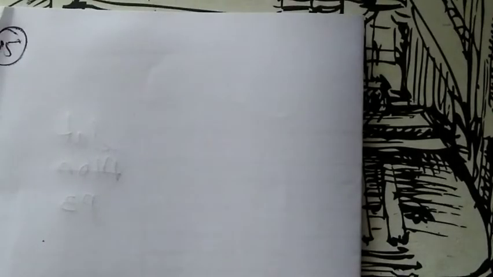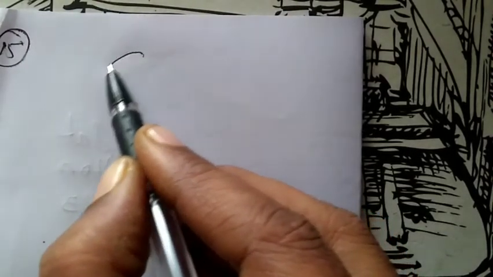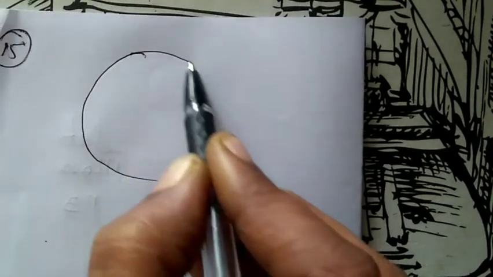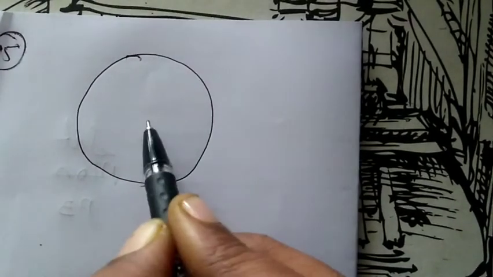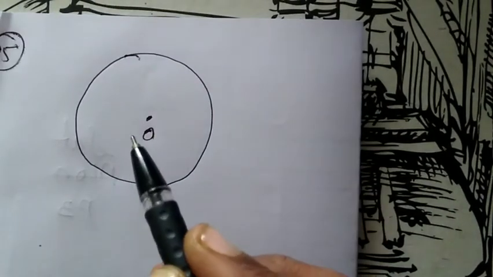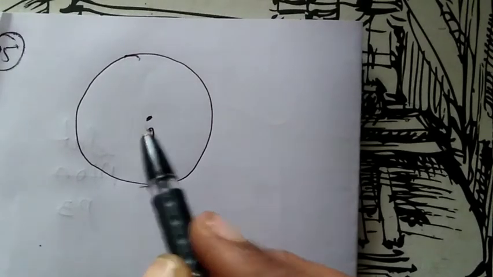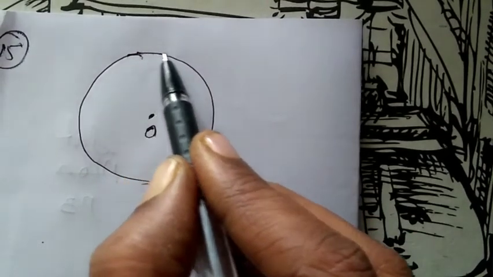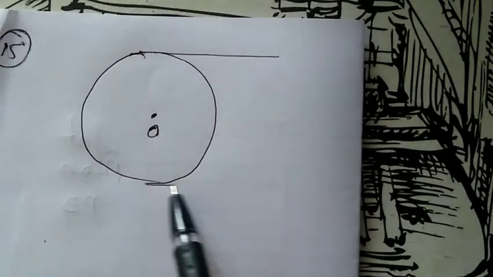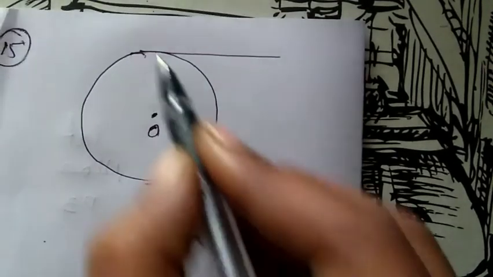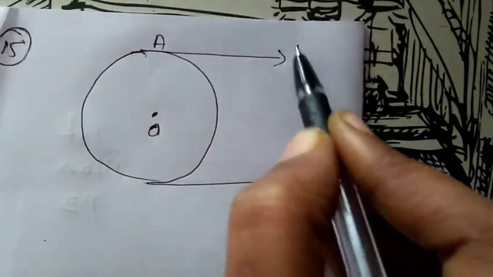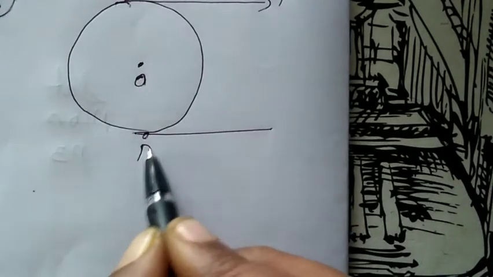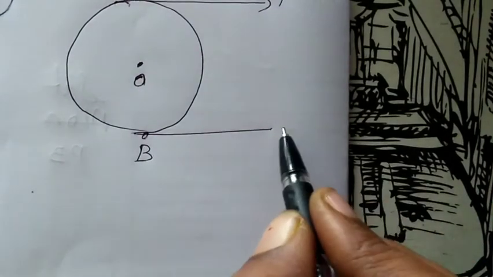So in our question they have given there is a circle with center O. 2 parallel tangents meet a circle. So let us have 2 parallel tangents like this. So if we have this AP is one tangent, BQ another tangent.